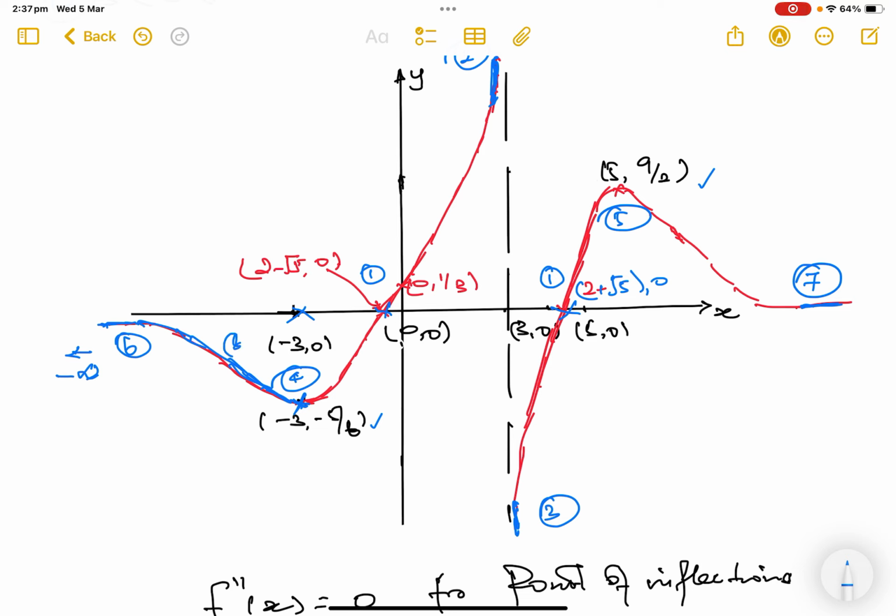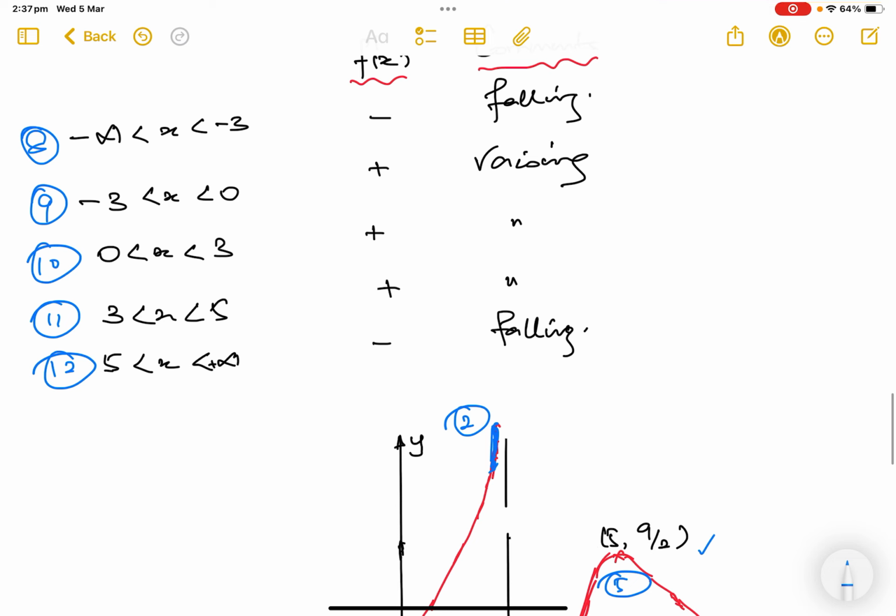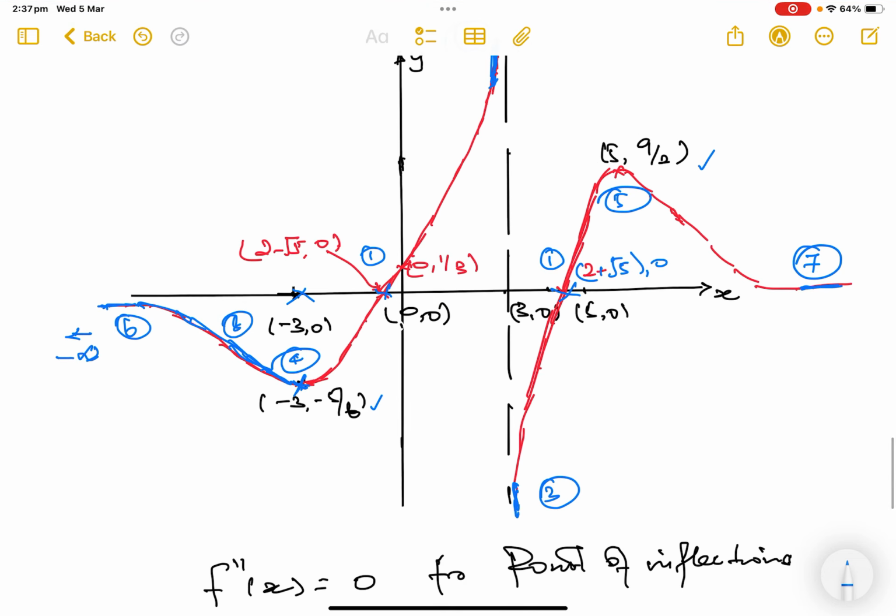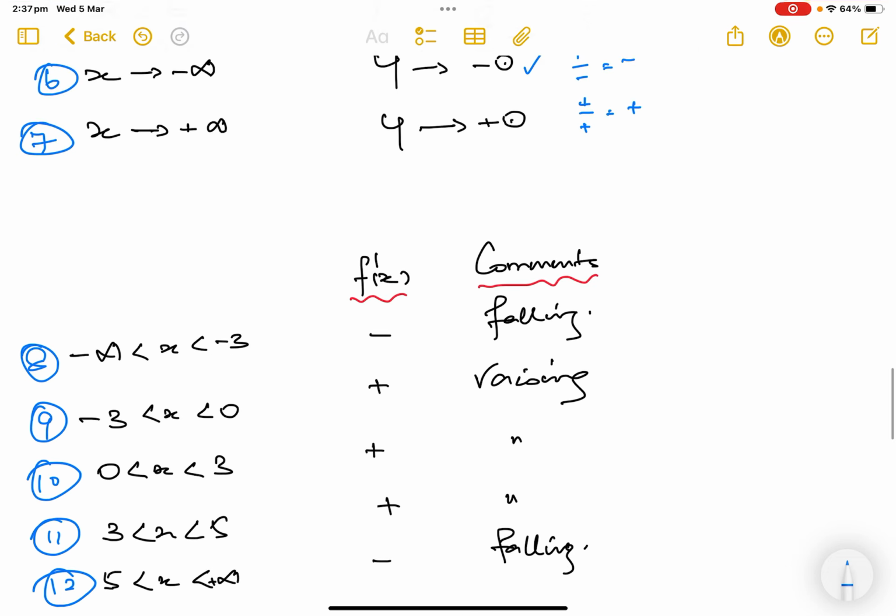And look at 9. That is between minus 3 and 0, it's rising, this one. And we know the point as well. We already found the point. So it's rising, cuts the axis and keeps rising, but it hasn't reached that y yet. We'll come to that. So 9. Then 10.